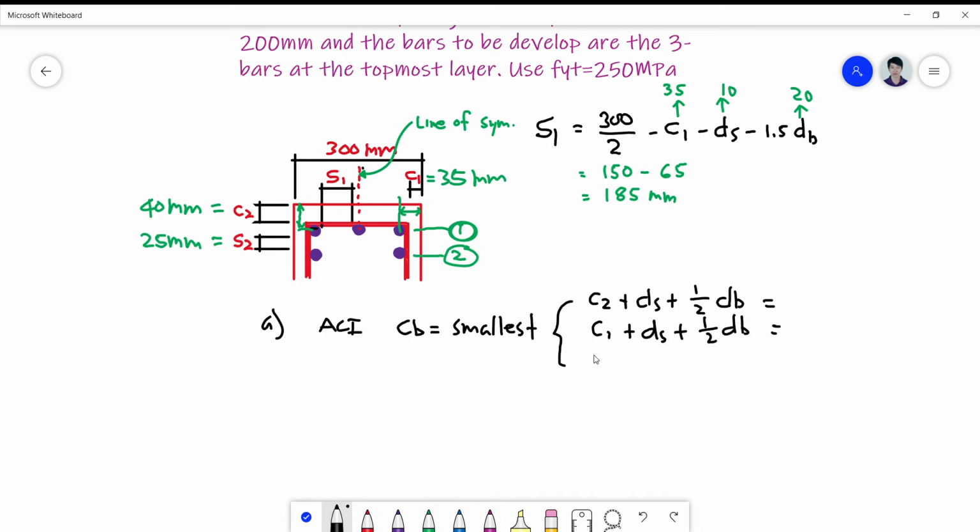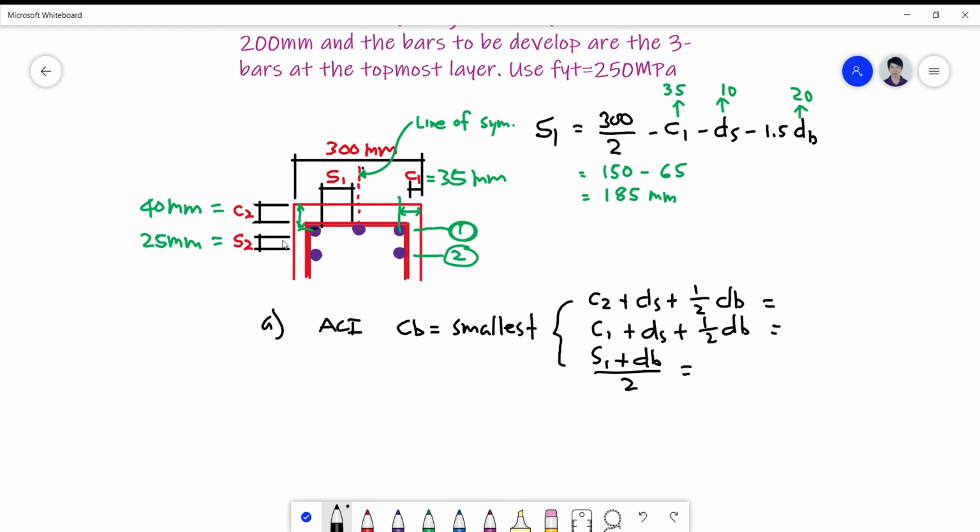And also we have your S1 plus dB divided by 2. Okay, so we have 3 values to compare among each other. So what is C2?